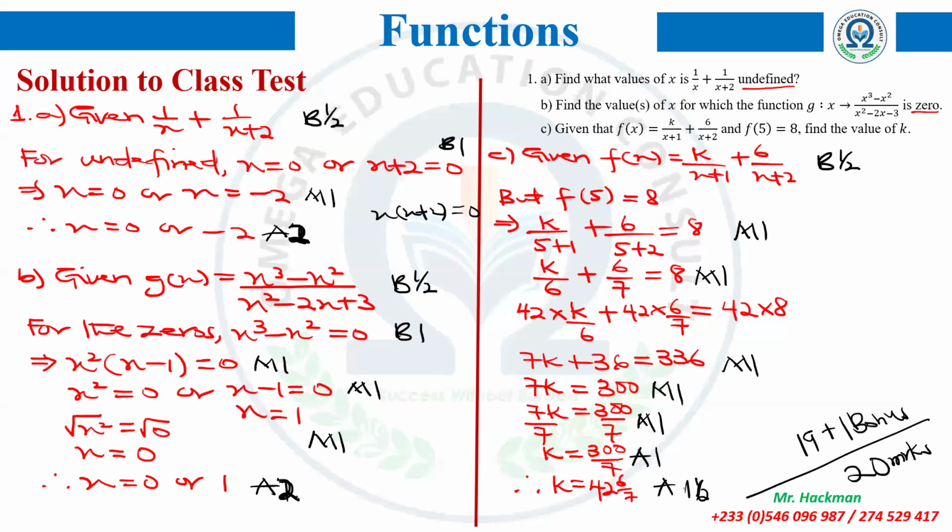For the C part, the concluding part, if you jump straight from 7K on 7 is equal to 300 on 7, and you go straight to K is equal to 42 whole number 6 on 7. I was going to speak to that. For the final answer mark, I have told you, if you leave it in improper fraction or decimal, you lose the 1.5.